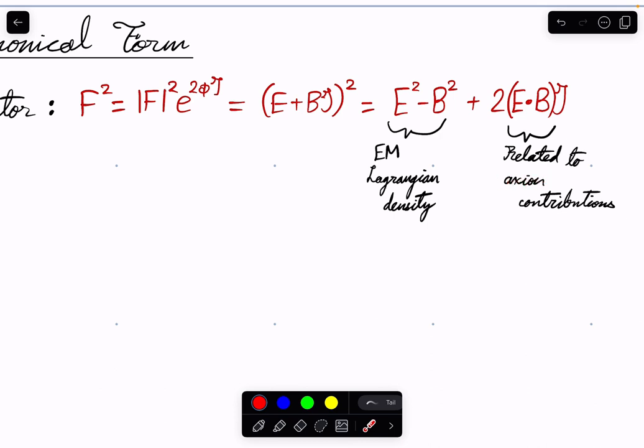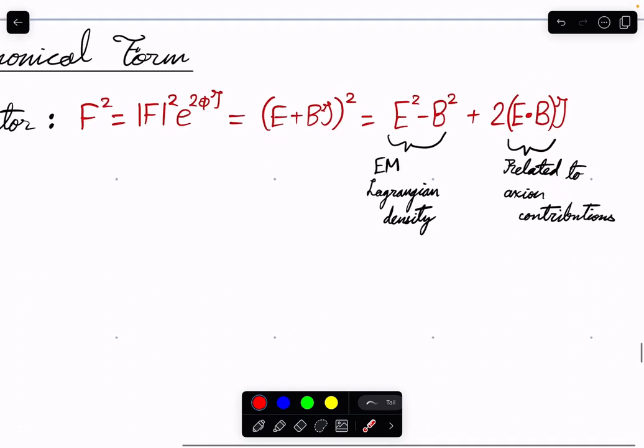So physically, it makes sense for this to be an unphysical term, or more precisely for this to be zero when you're dealing with pure electromagnetism, which is what ends up being the case, as we'll see.